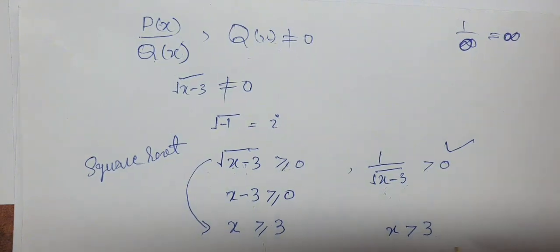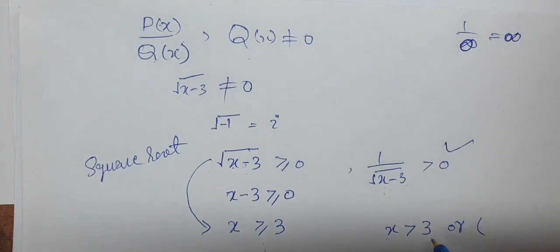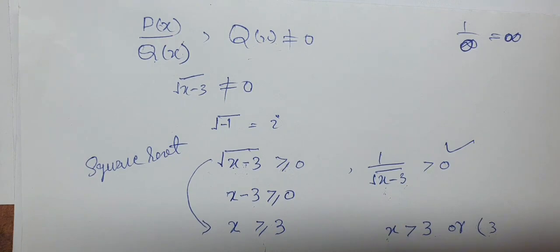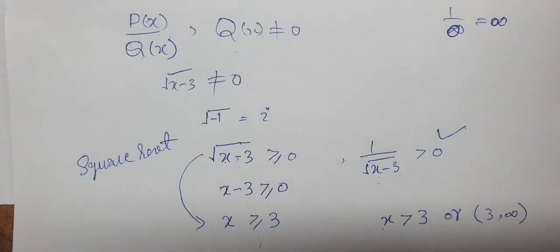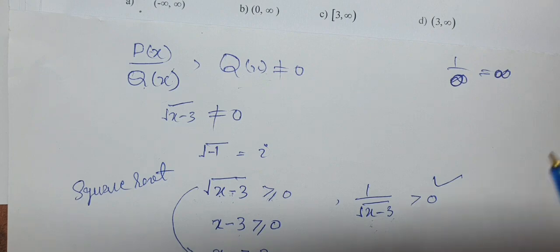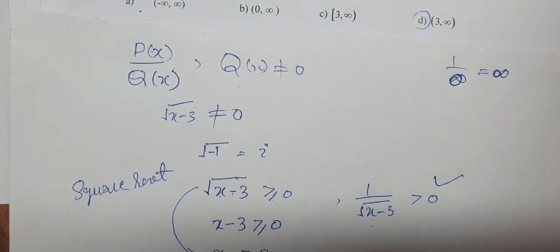Now in interval form, x is greater than 3, so the lower bound will be 3 and the upper bound could be any number up to infinity. So this would be the right option. Here we can see that D would be the right option.